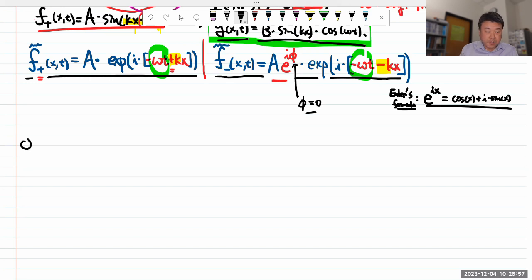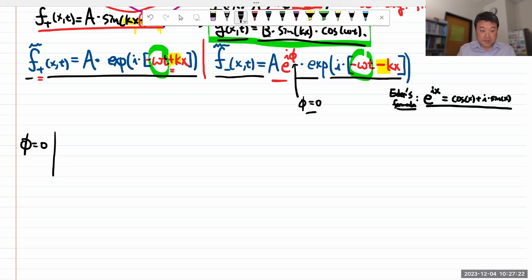The relative phase is relative to how you set the references, so I'll just say this is phi equal to 0. And later on we'll look at phi equal to pi or phi equal to pi over 2. We'll see how they combine differently.